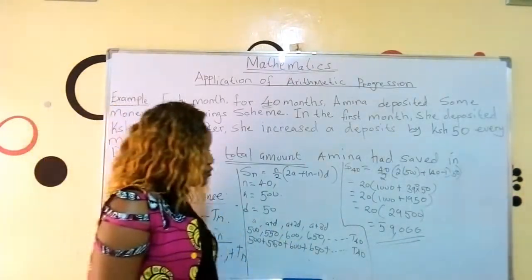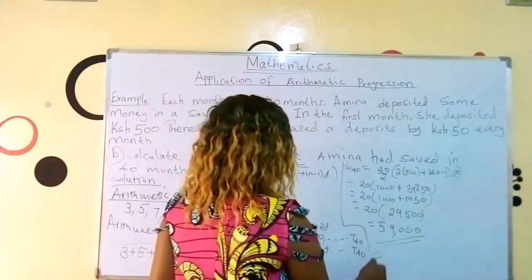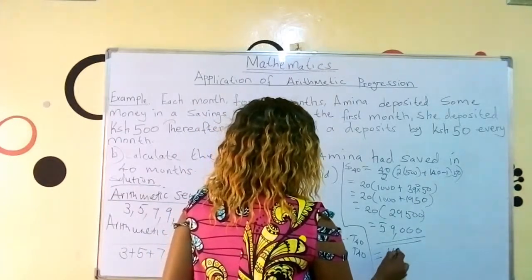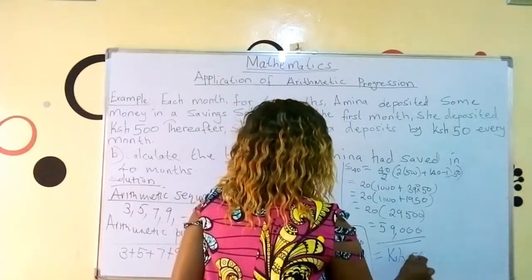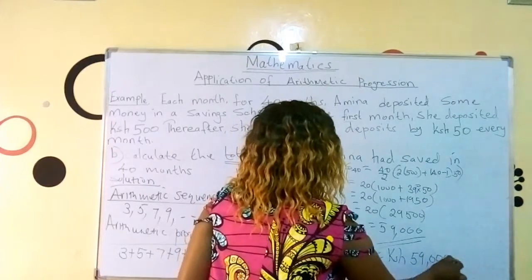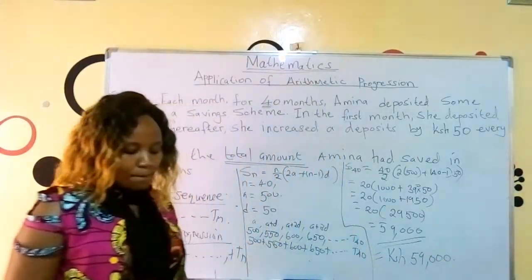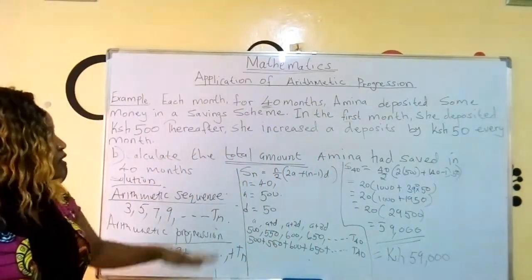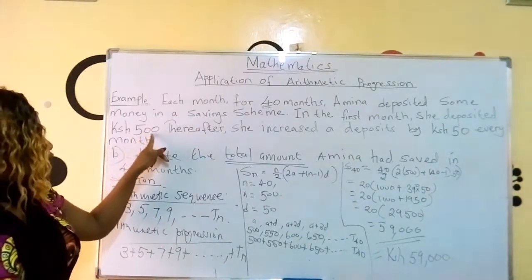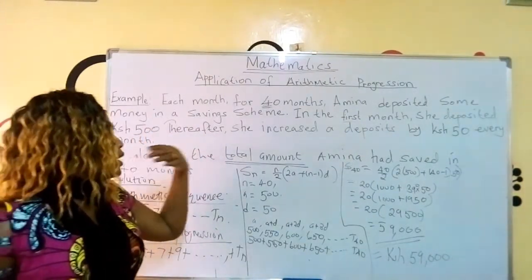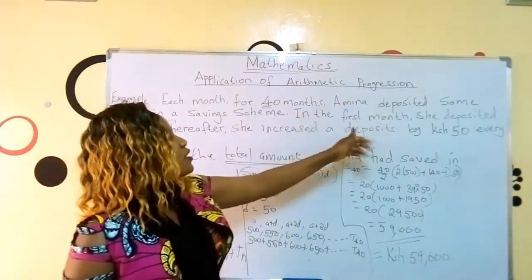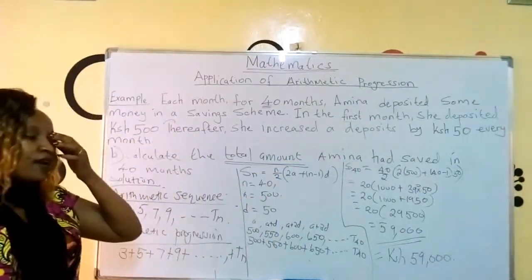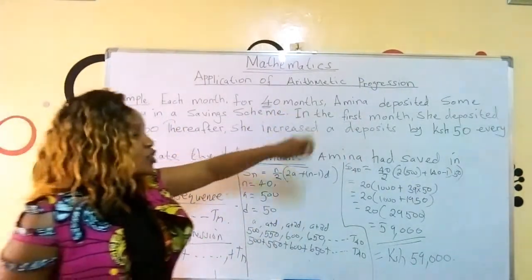That is the amount of money that Amina will collect at the end of 40 months, with the first month depositing 500 shillings, and thereafter increasing the deposit by 50 every month for 40 months.